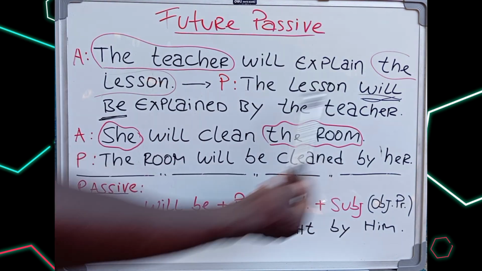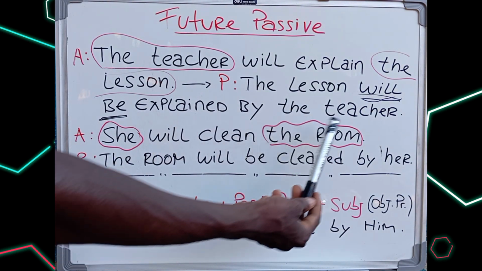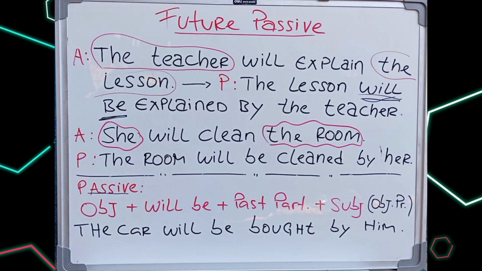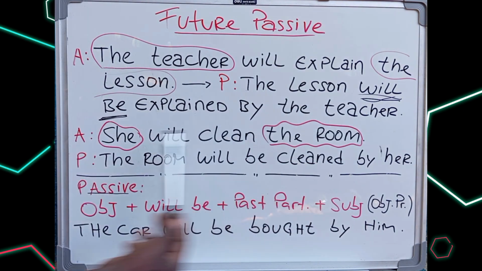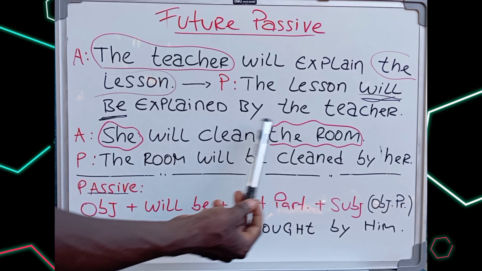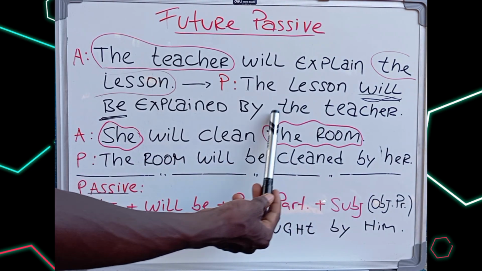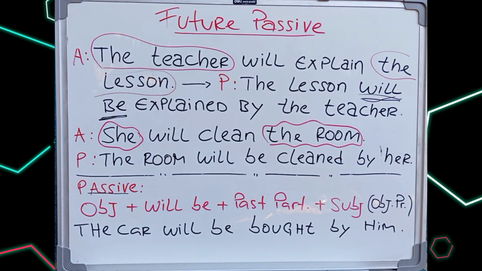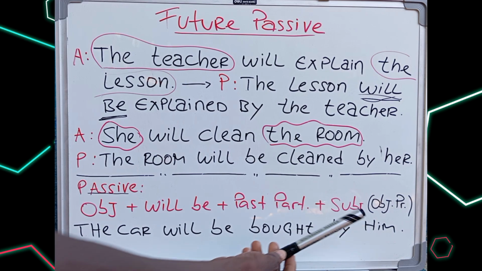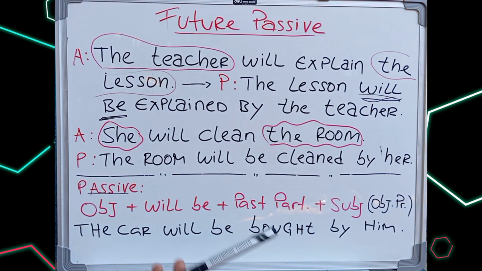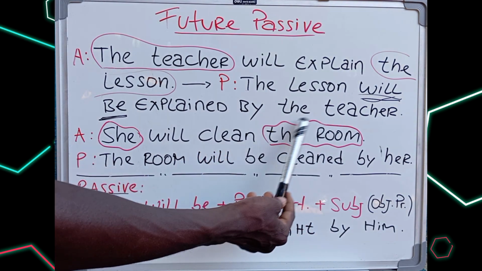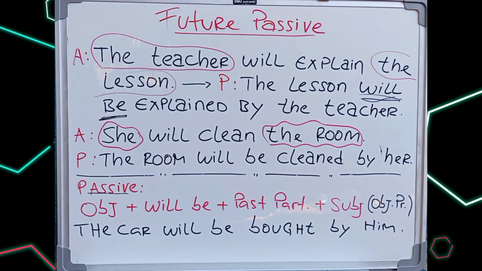In this sentence, let's check it. The lesson will be explained by the teacher. This is one way to put it, and it's right. But you can also say the lesson will be explained by him. Okay, him, the teacher. So you can decide to use the object pronoun instead of using the name or the designation and so on.